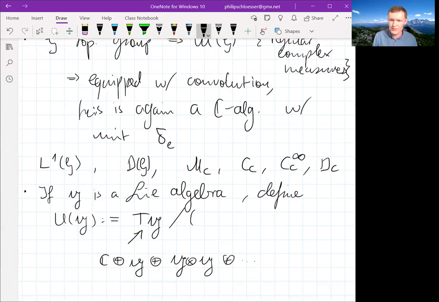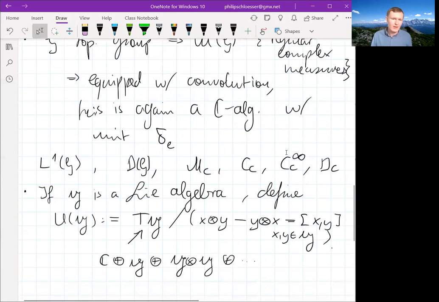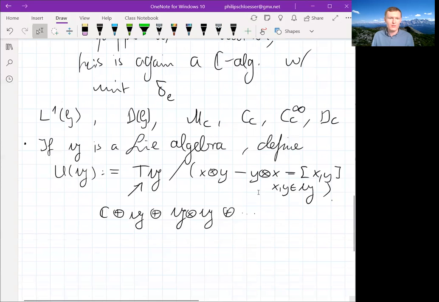And then we divide all of this by some relations, namely that the commutator should be equal to the Lie bracket. And this is sort of a formal hack. We will see a bit how these algebras look a bit later on.